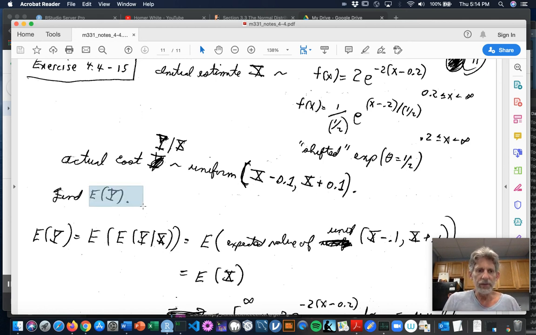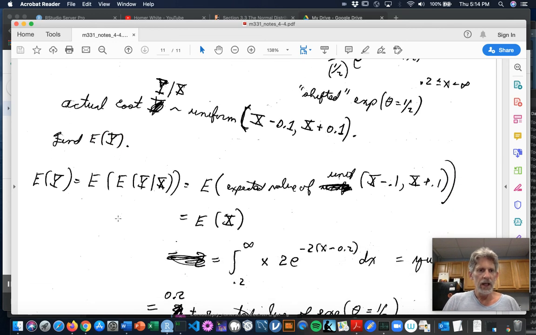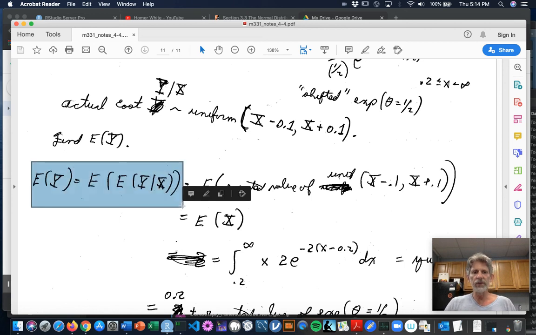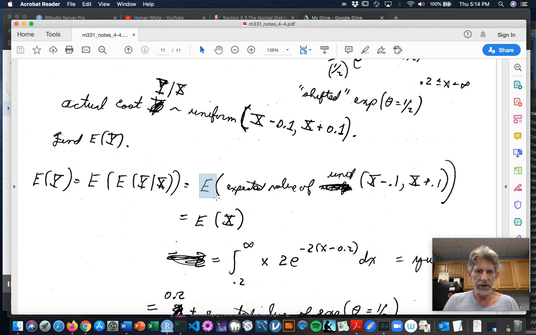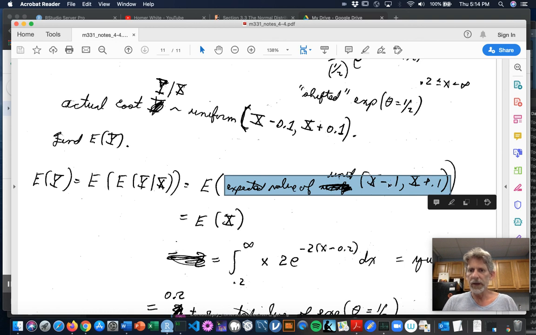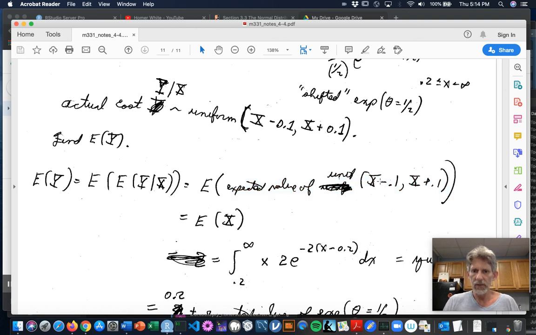Could we find the expected value for the final cost? We are ripe for using the conditional expectation formula. So we are looking for the expected value of the expected value of a uniform from x minus 0.1 to x plus 0.1.